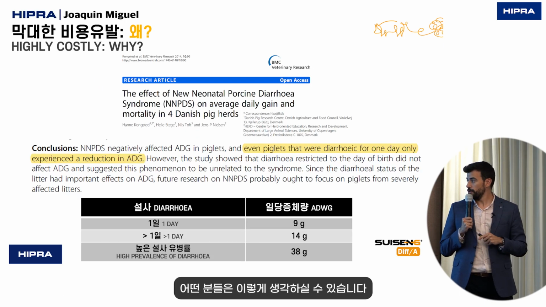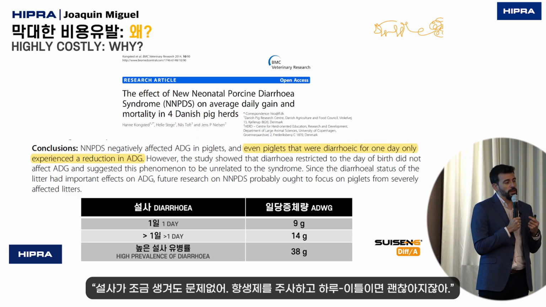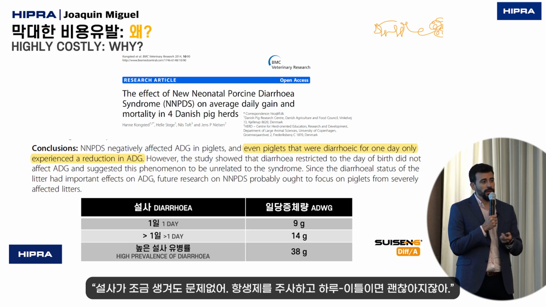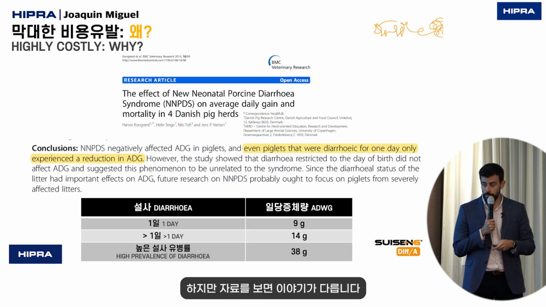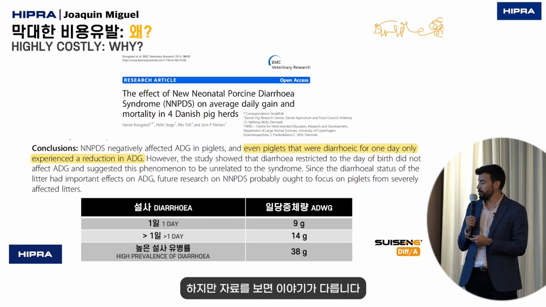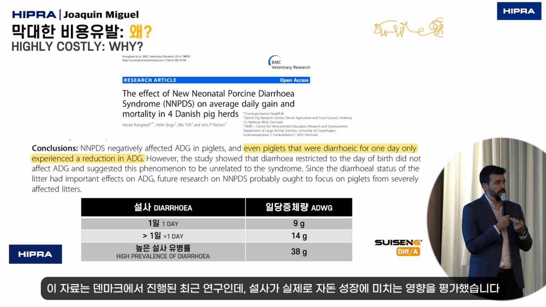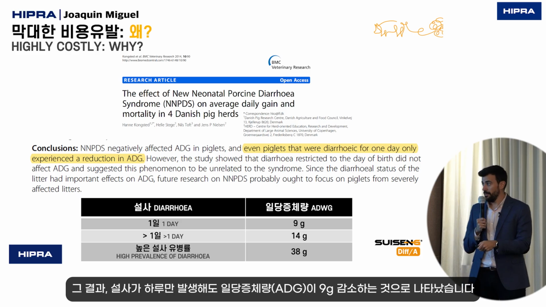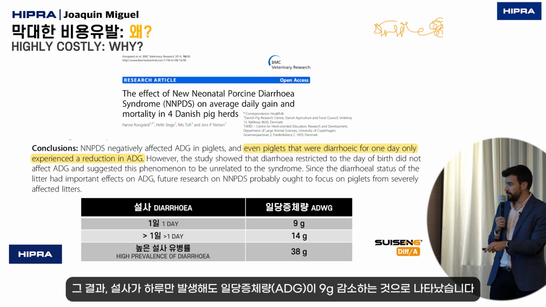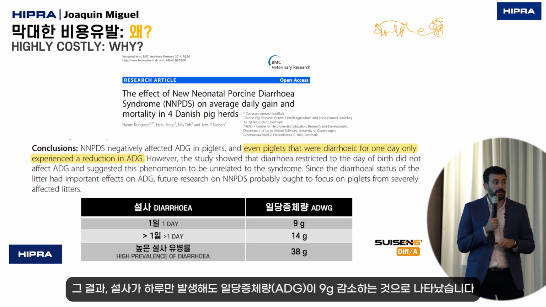And I want you to remember one number, okay? We can think that, okay, I have problems of diarrhea, no problem. I inject antibiotics and I stop the problem, and the problem is only during 1 or 2 days. But what we can see in the bibliography is, for example, in this study from Denmark, where they were evaluating the real impact of suffering diarrhea, they observed that 1 day of diarrhea means 9 grams lower average daily weight gain.